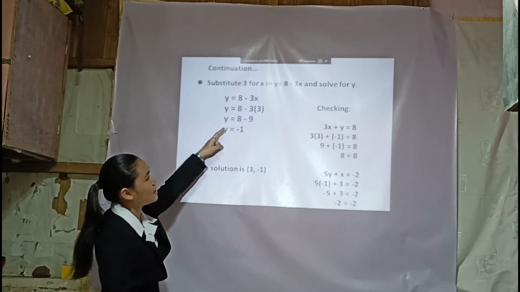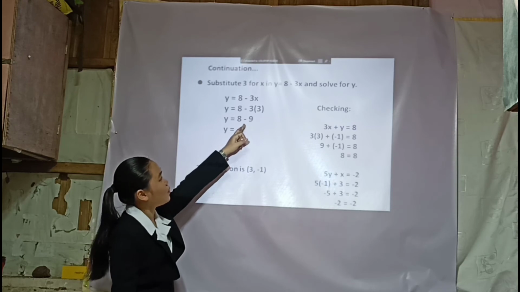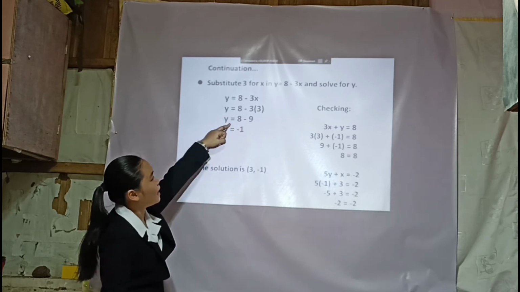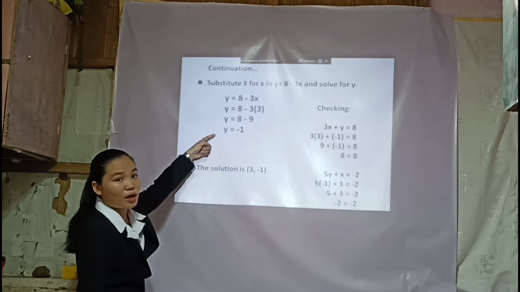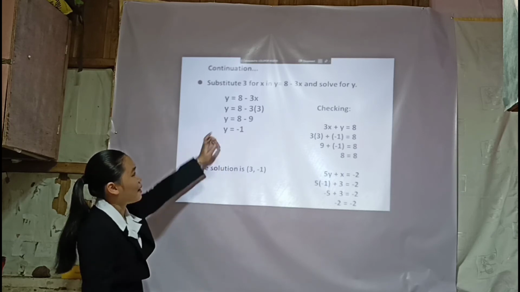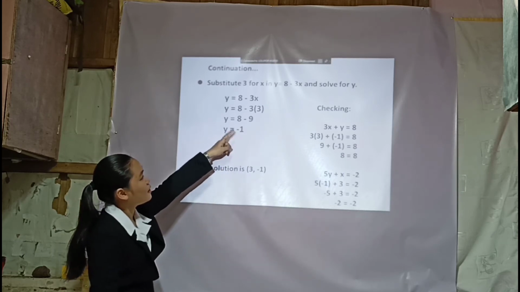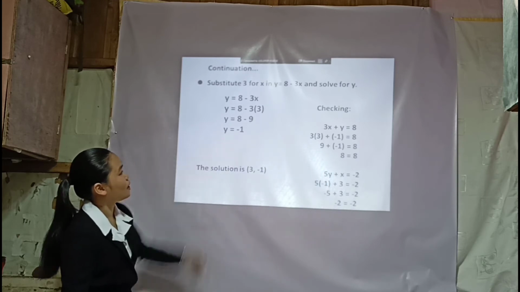Let's multiply first: negative 3 times 3 equals negative 9. So, 8 minus 9 is negative 1, because the bigger number is negative 9. Copy the bigger number, then subtract. So, y equals negative 1.